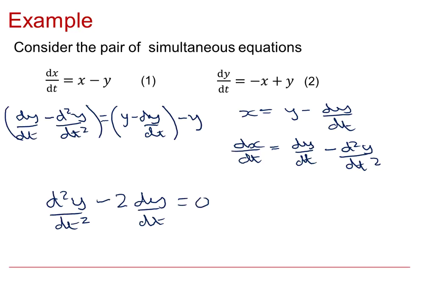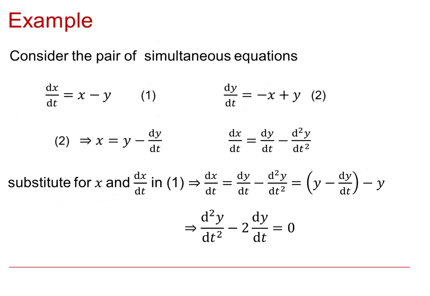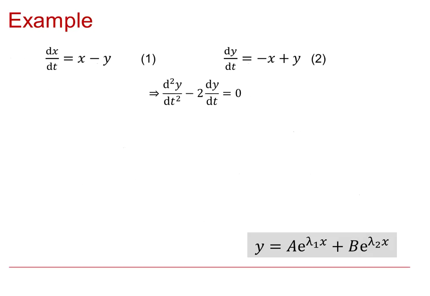This is a second order linear differential equation which we may recognise the form of, having dealt with this in the previous video series. So we can apply the auxiliary equation. Let's use lambda, and we'd find that lambda squared minus 2 lambda equals 0.